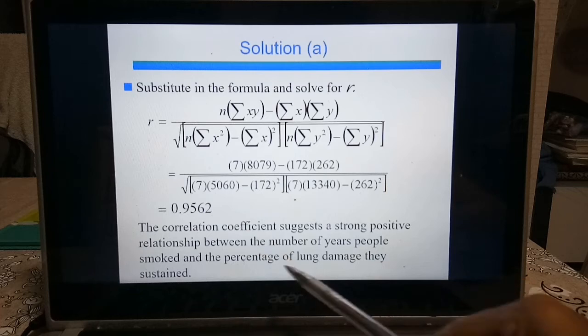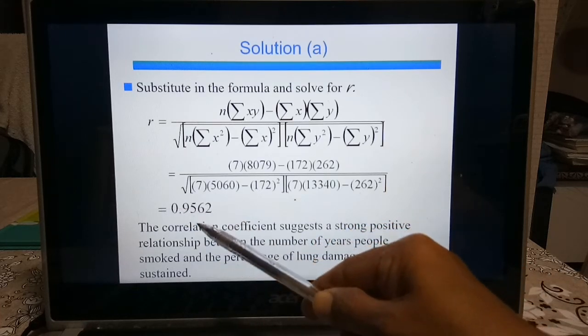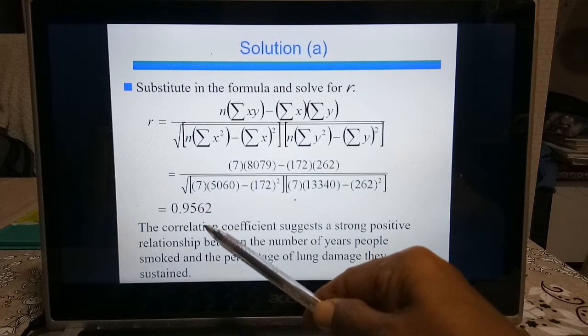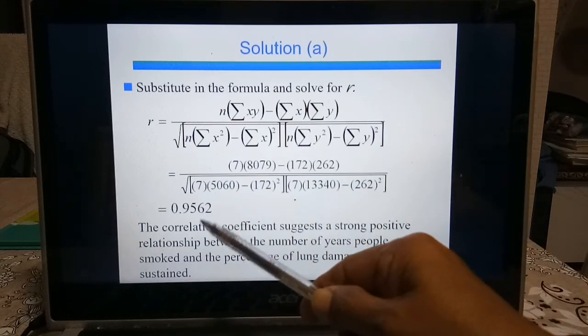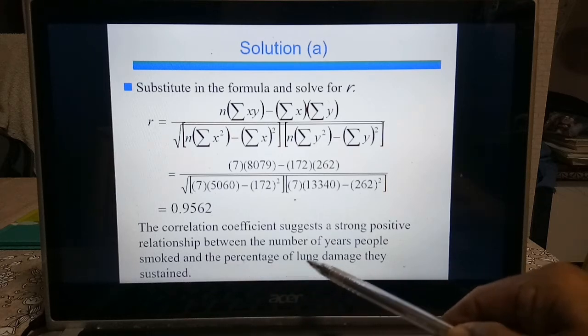The correlation coefficient suggests a strong positive relationship, because 0.95 is closer to 1. So it is a strong and positive relationship between the number of years people smoke and the percentage of lung damage they sustain.